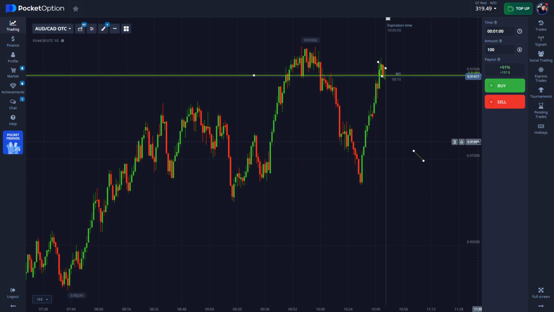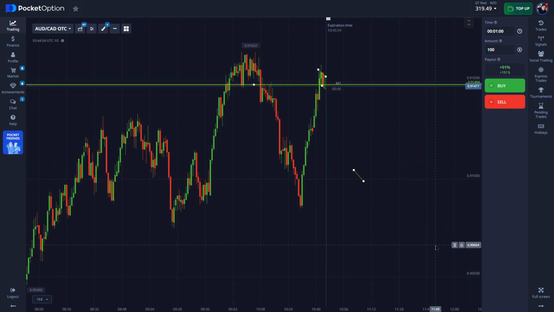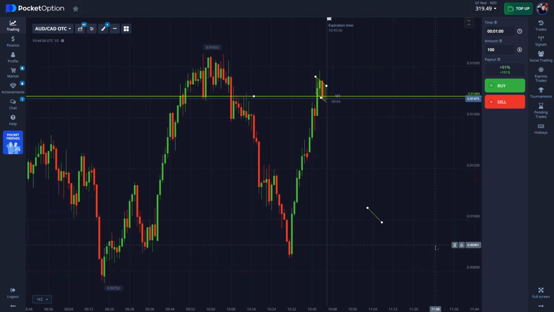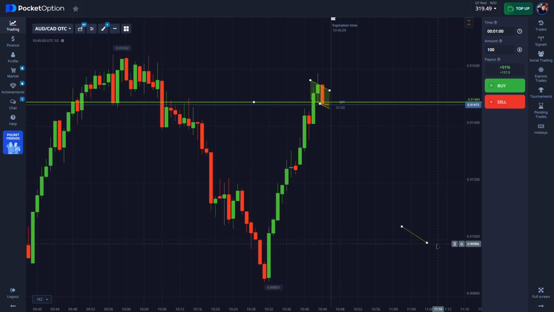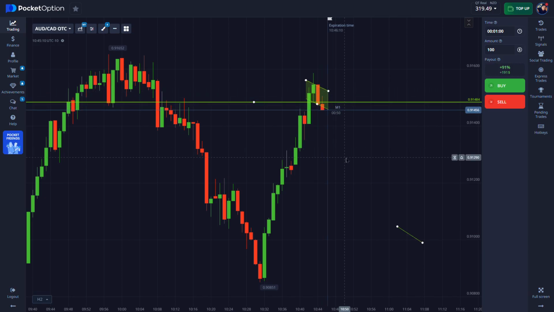Where's that value gap? We're inside. What we're going to do is wait for a breakout in that area. And we're sweeping the lows.